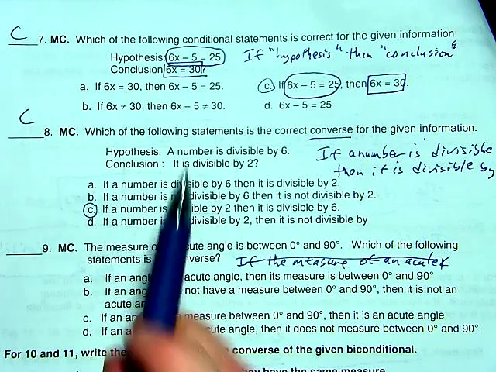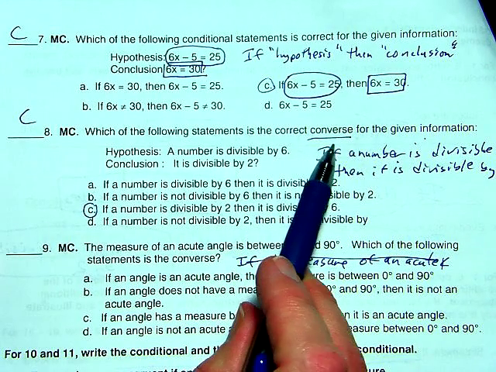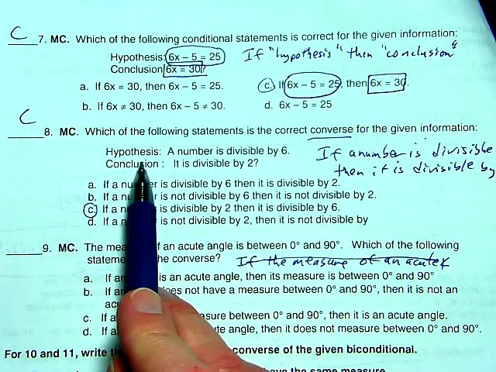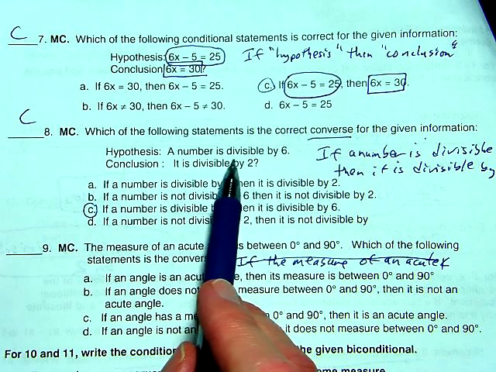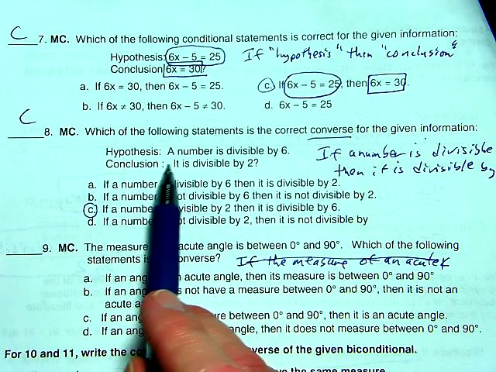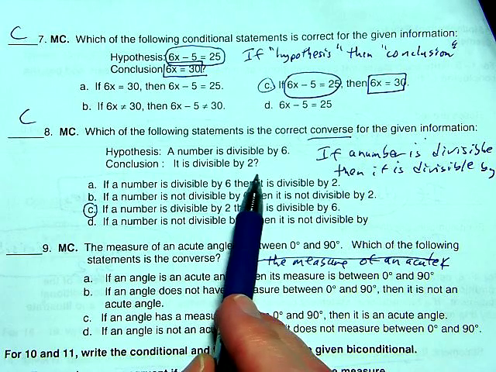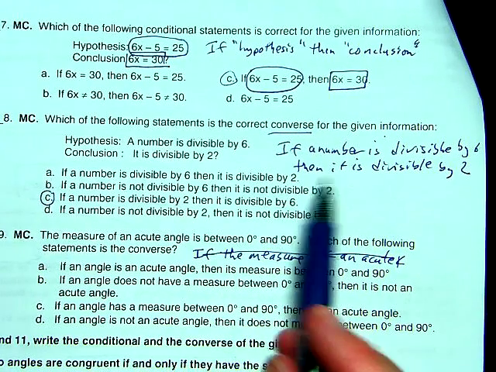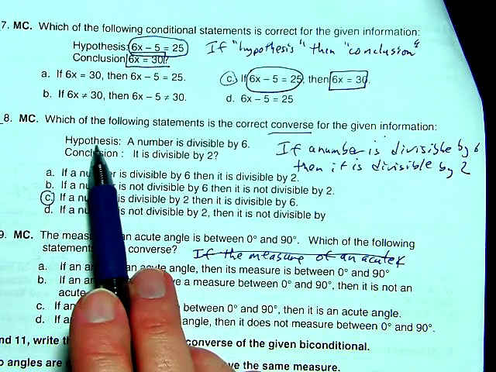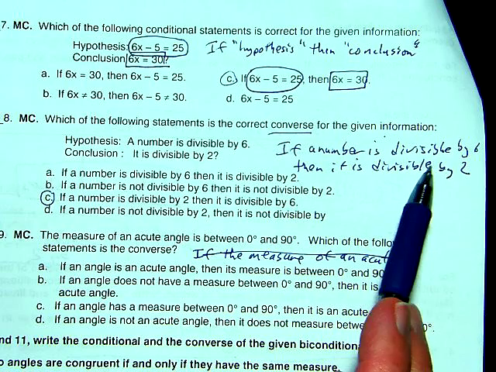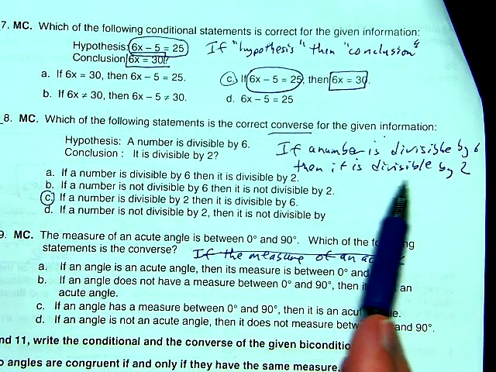On number 8, we're asked which of the following statements is the correct converse for the given information. So here the hypothesis is the phrase, a number is divisible by 6. The conclusion is it is divisible by 2. So if we were asked just to give the conditional statement, it would be: if a number is divisible by 6, then it is divisible by 2.